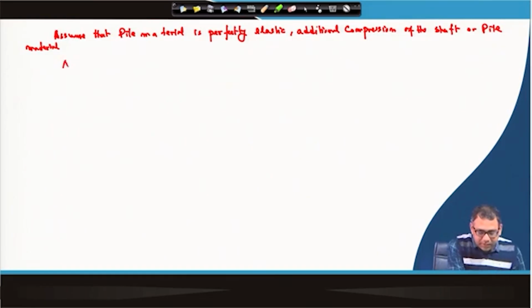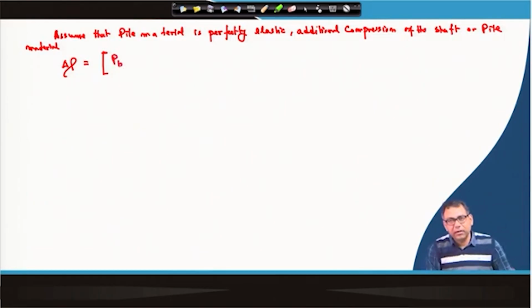So that will be del rho. As I discussed, the total base load is P b. During the full mobilization of the shaft resistance, the tip load which is transferred to the tip we have to subtract during the additional compression of shaft calculation.